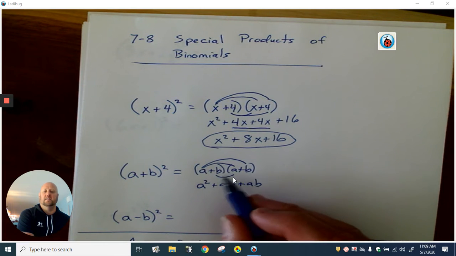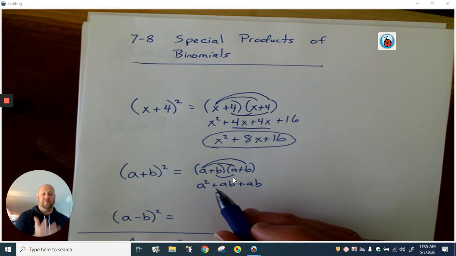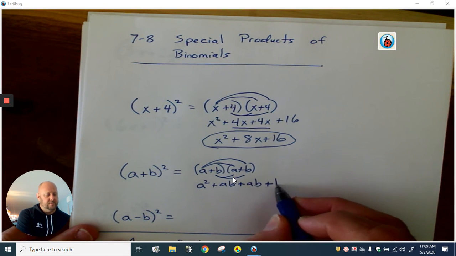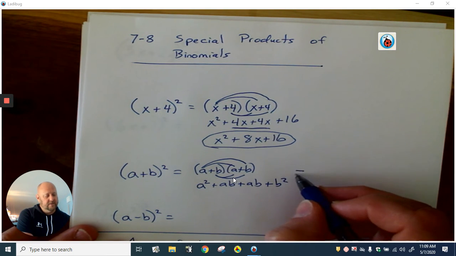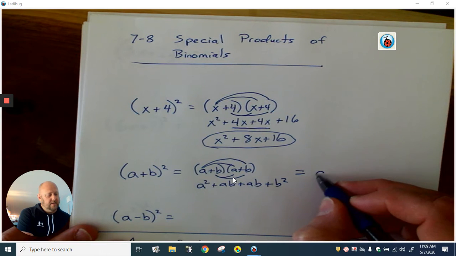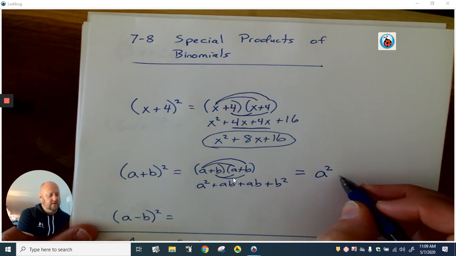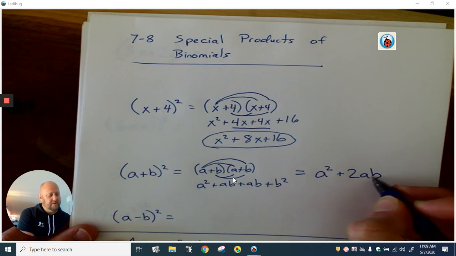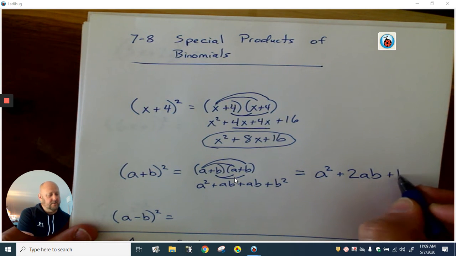The outside and the inside will always be the same value when you multiply. And then you have the last, which would be b squared. So every single time, what you end up with is a squared, and then you have 2 of the ab's, and then you have b squared.